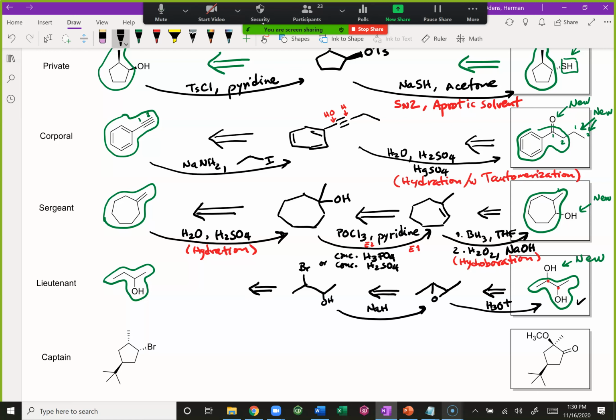And then this was the precursor for that halohydrin reaction. Hold on, not that. This is the precursor for that. From here to here is the halohydrin.